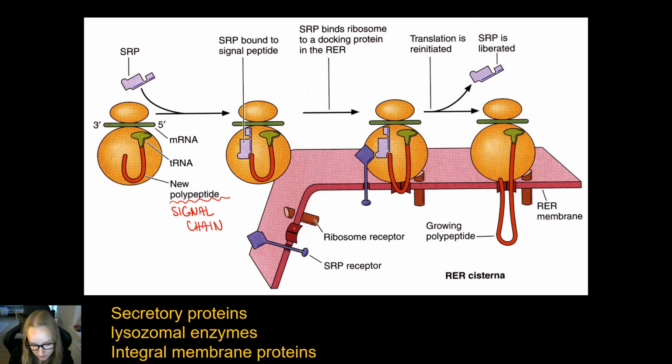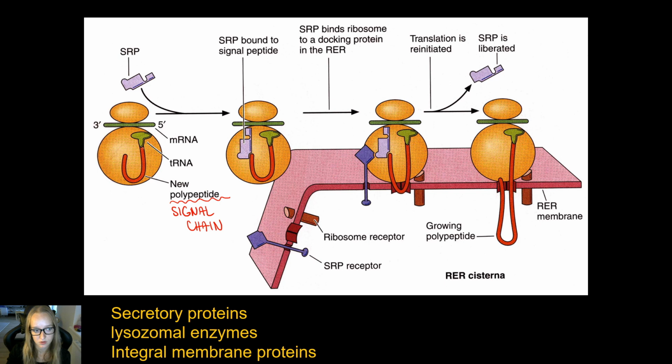When this sequence is formed, the ribosome recognizes it and interrupts proteosynthesis. So you started the proteosynthesis, and now there is this signal chain, and the ribosome is like, whoa, whoa, whoa, stop. We need to get to the endoplasmic reticulum, because if we're not going to get there, we're probably going to create some enzyme which is going to be very dangerous for the cell. So it just interrupts the proteosynthesis.